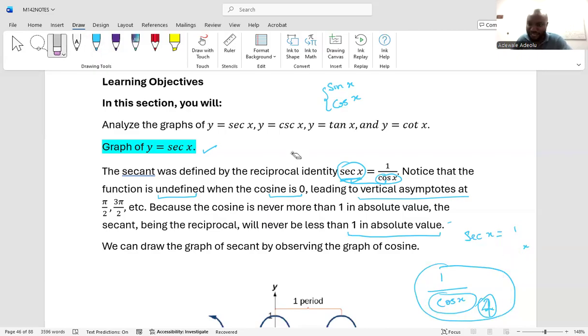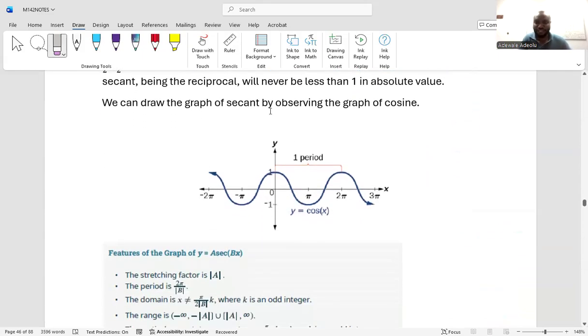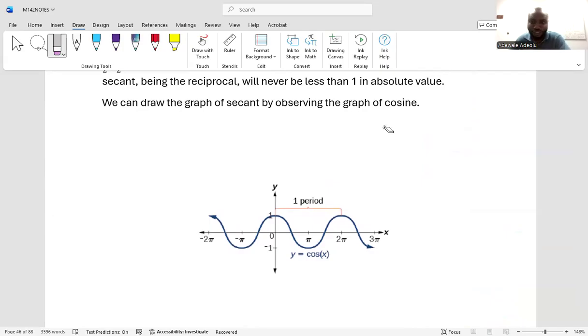Okay, having said that, by observing the graph of cosine, we can actually draw the graph of secant. Let us see that. I will just briefly do that here. So recall from this 1, 0, 0, 1, -1, 0, and here 0, -1.